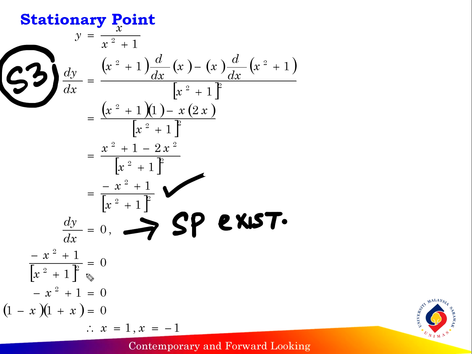Okay, and here the denominator you cross multiply times 0, and here negative x squared plus 1 equals 0, and factorize the quadratic function. First factor here, 1 minus x times 1 plus x equals 0, and you find the value of x. X here equals plus or minus 1.